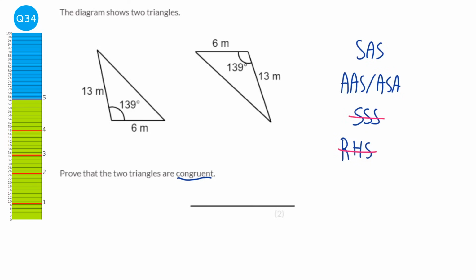It only has 1 angle, so we can cross this one out. So we're looking to see whether it has the same side, then angle, then side. Here we've got 13 as a side, then 139 as an angle, then 6 as a side. 13 as a side, 139 as an angle, and then 6 as a side. So they have the side, angle, side.